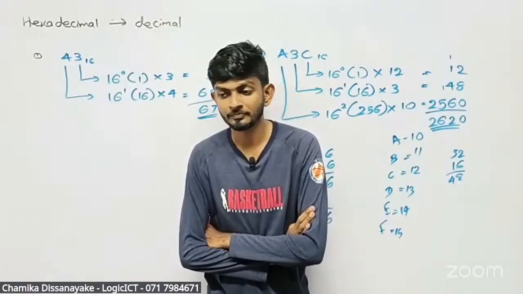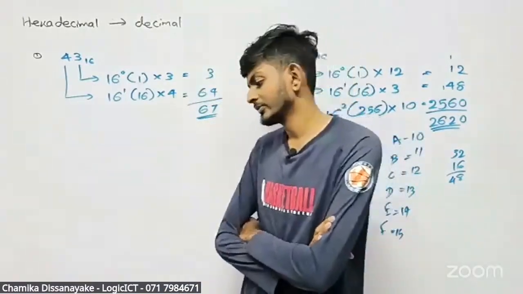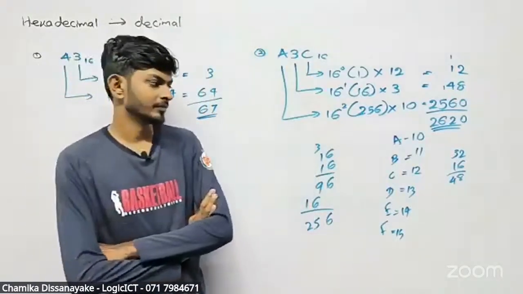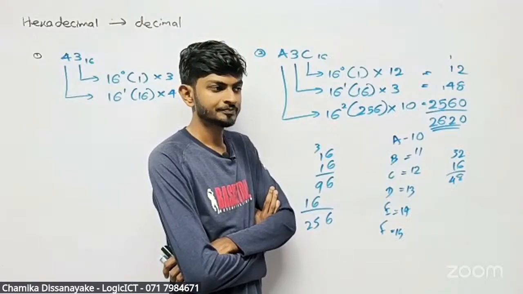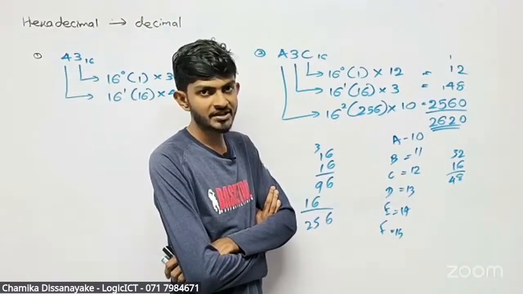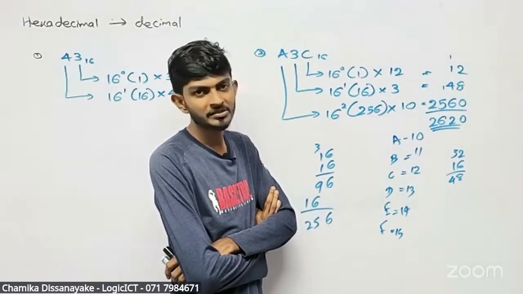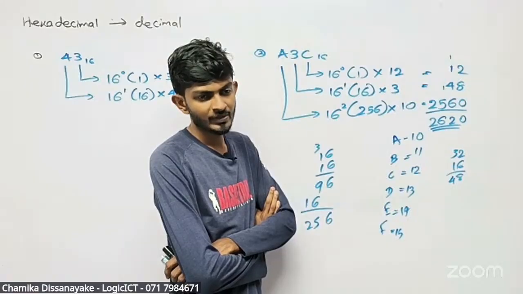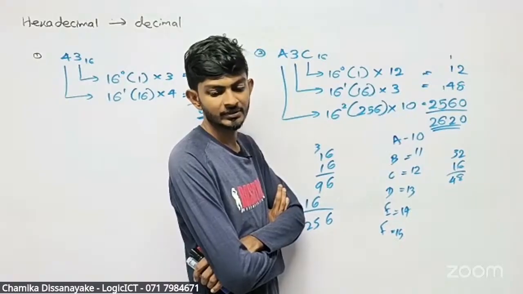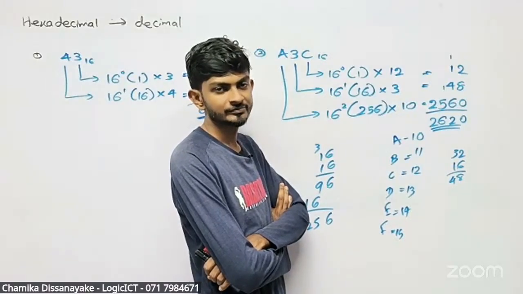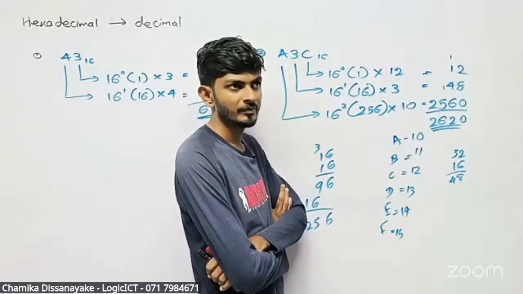Second point. If you got symbols larger than A, or higher than A, we have to put the corresponding value.